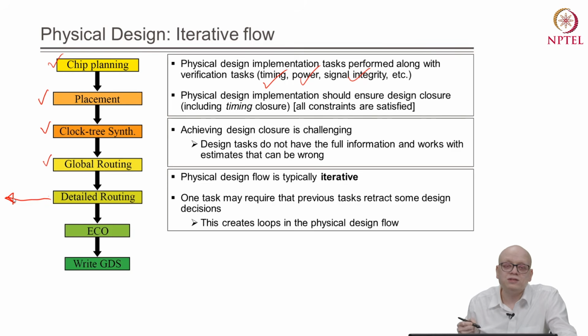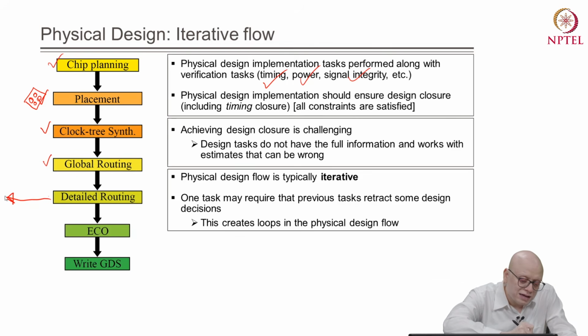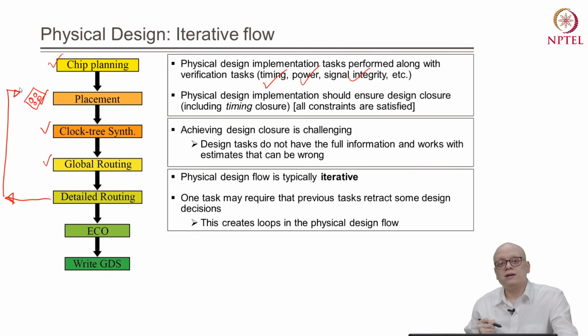On analysis, we found that the location of a few cells was creating a lot of congestion, and the routing resource was all utilized in that region, and as a result the detailed router couldn't find a route for this particular net, right? Now if we find such a scenario, then probably we might need to go into the placement step and fix it, right?